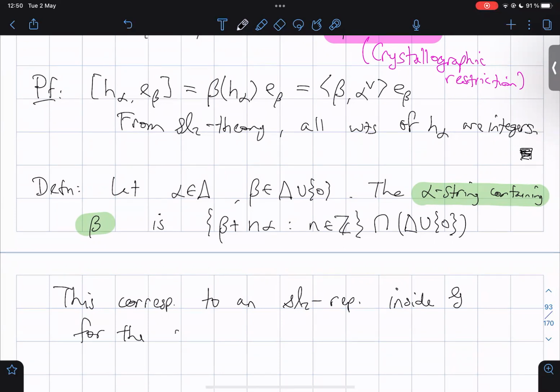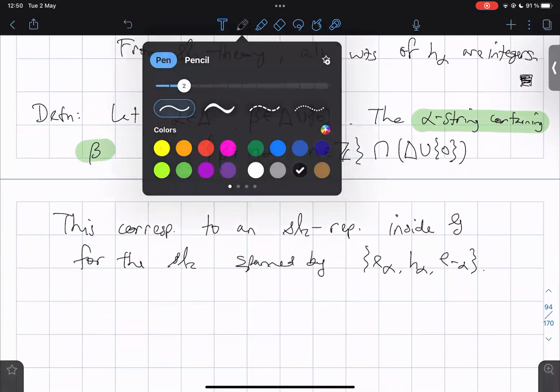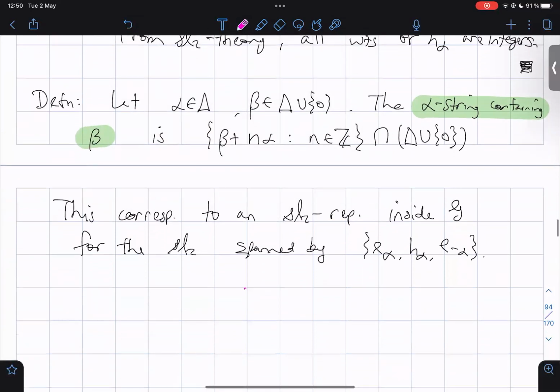For the SL2 spanned by this triple that we've been talking about above. So you're going to have a bunch of dots. The picture is you're going to have beta plus alpha, oops, let's not go too far, beta plus 2 alpha, etc. And similarly on the negative side, let's put at least one of them here, beta minus alpha.